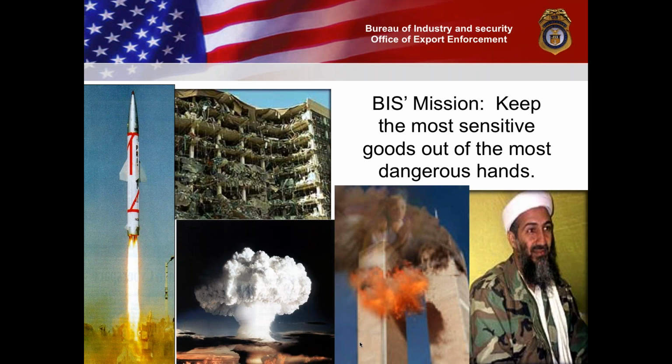Okay. Now let's talk about the agency that deals with 98%, I said 99 by mistake, 98% of all US exports, which fall under the Commerce Department's realm, which is mostly commercial shipments. But there are some items which are predominantly commercial but could also be used for a military purpose.